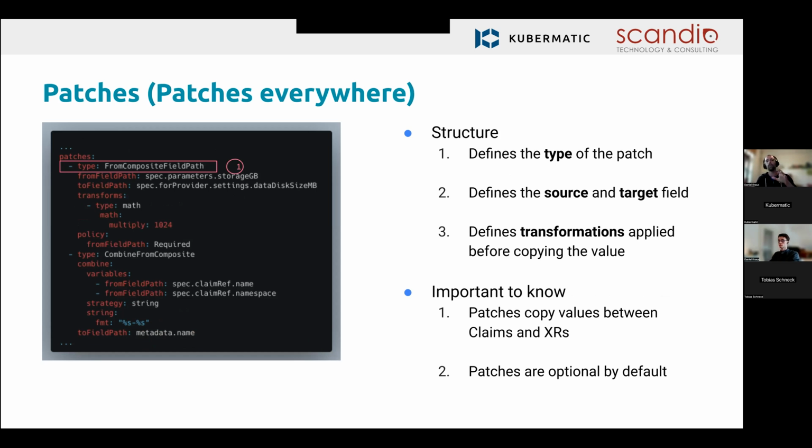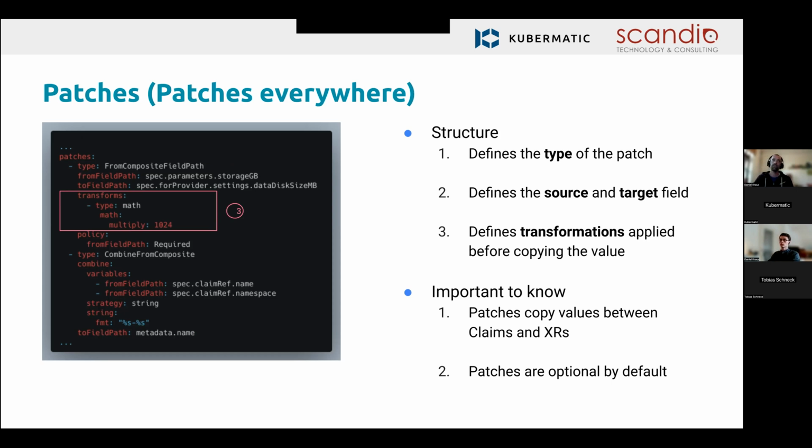So we can patch values from our composite resource to managed resources, or we can provide also values from the managed resource back to the composite resource. We can define our source and target field and can also apply some transformation before copying the value. For example, we can multiply the desired disk size here, or we can format strings.